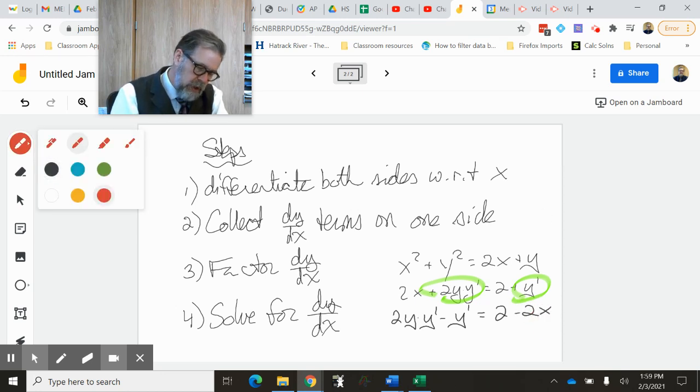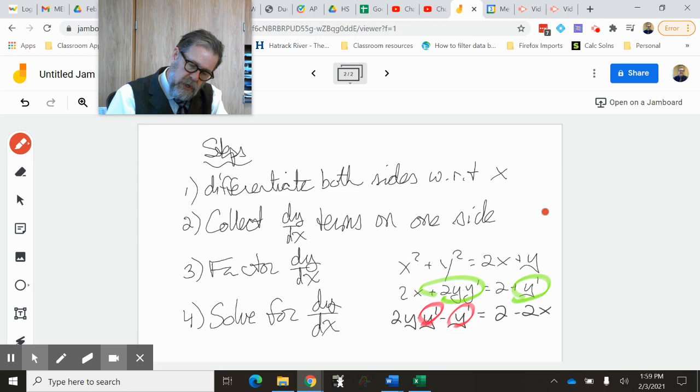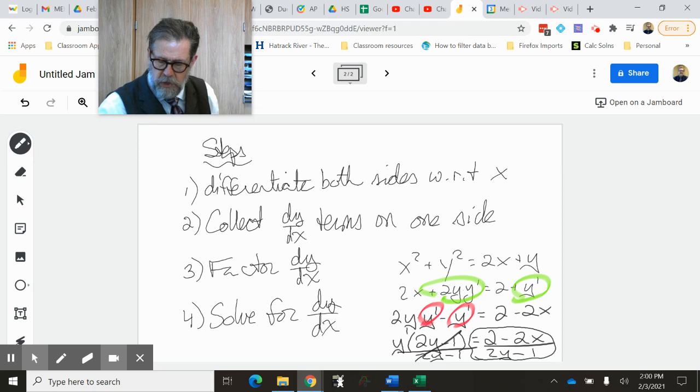Factoring out the y primes, we get that y prime times 2y minus 1 equals 2 minus 2x. I've run out of room here, but clearly you can see that I would divide both sides by 2y minus 1, and the derivative of y with respect to x is 2 minus 2x over 2y minus 1.